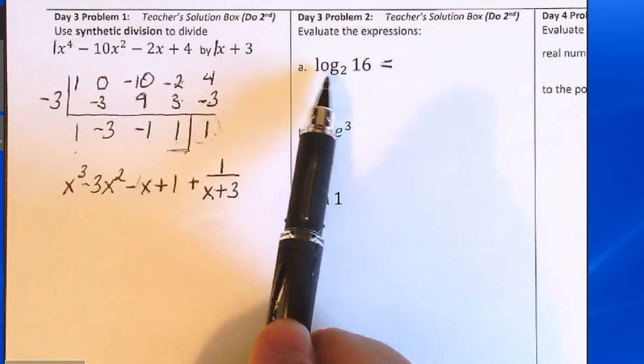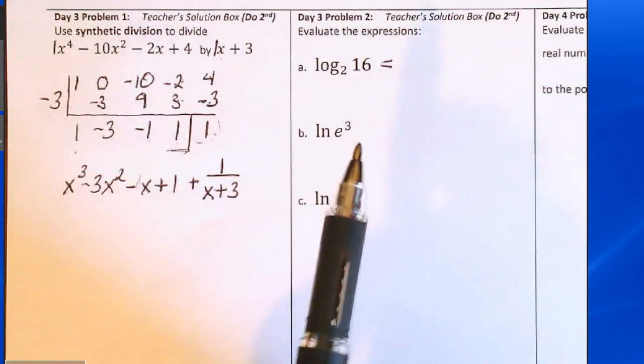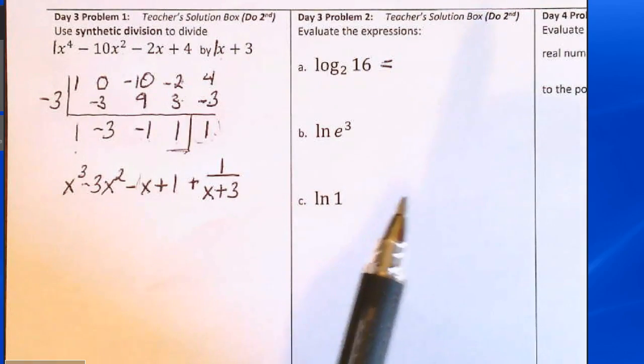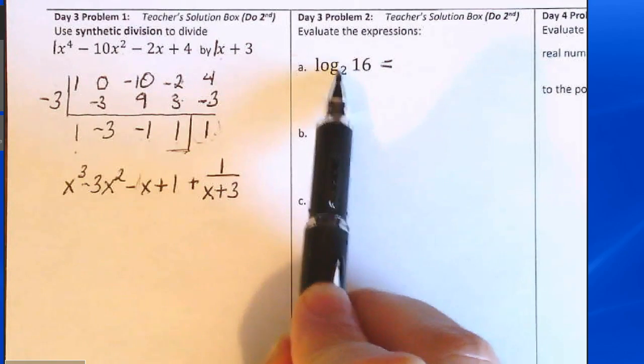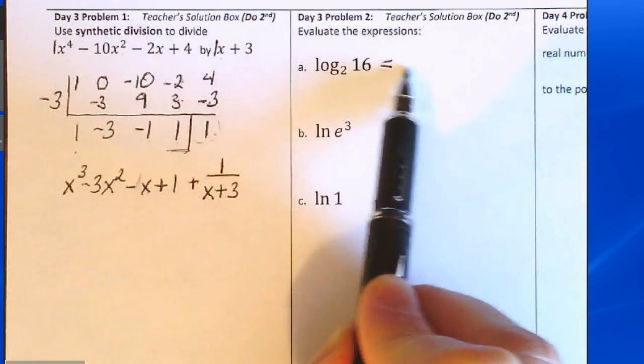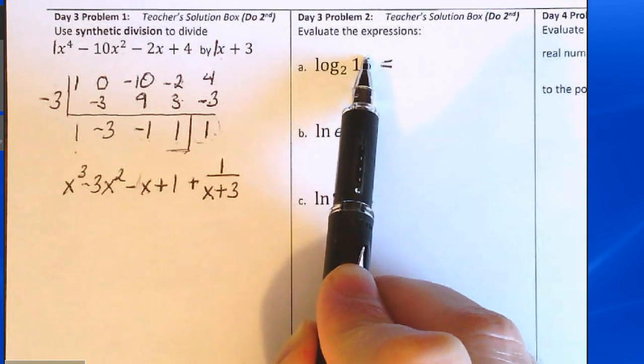Log is a short way to write the longer word logarithm, and logarithms are related to exponents. Here's how logs work. 2 to what power makes 16?